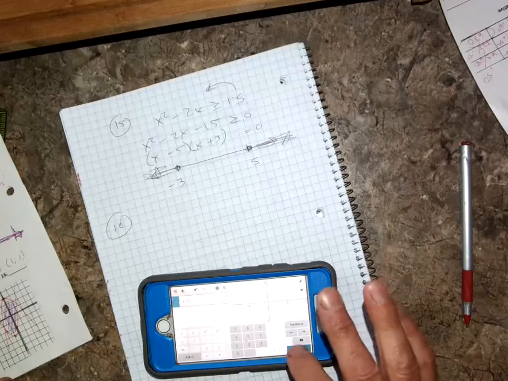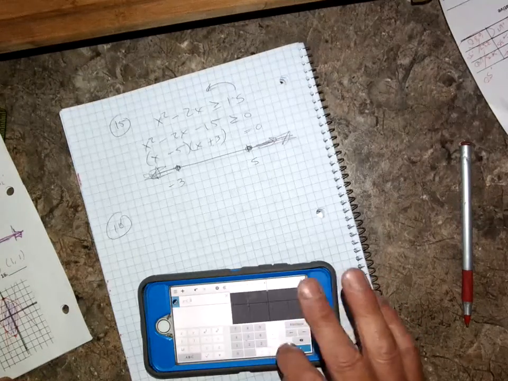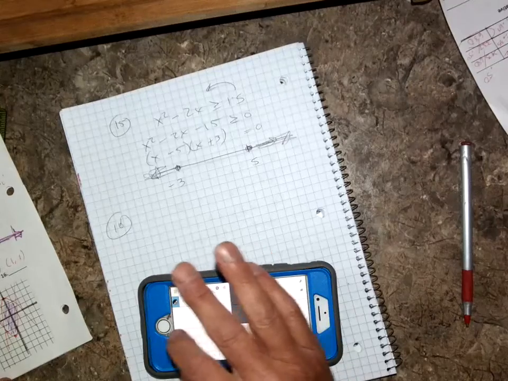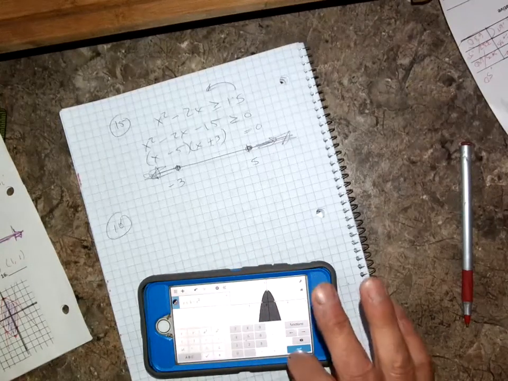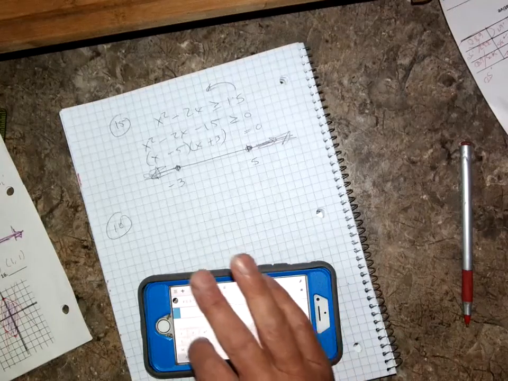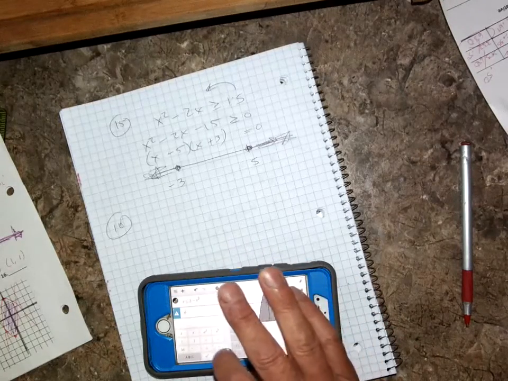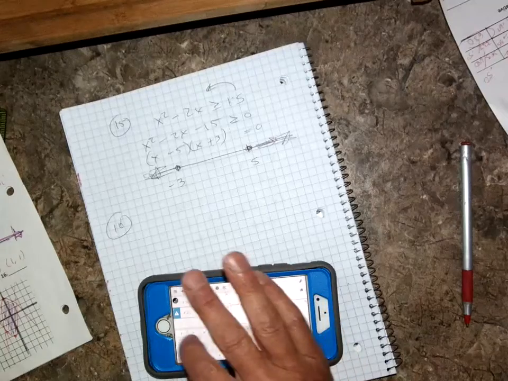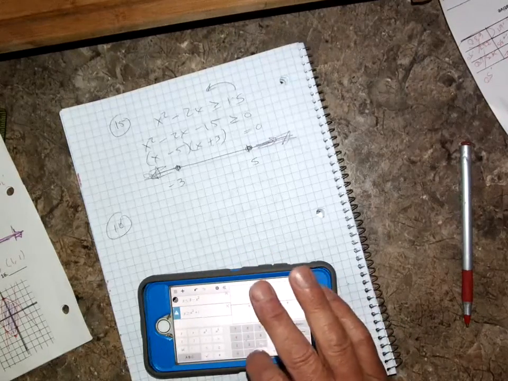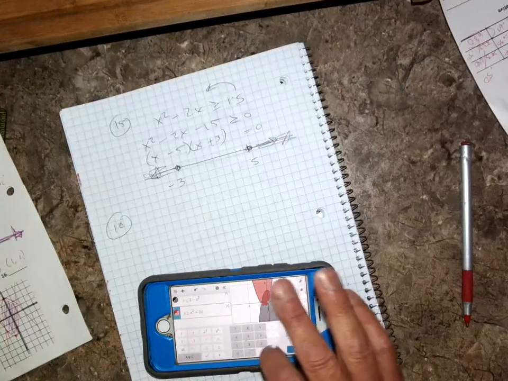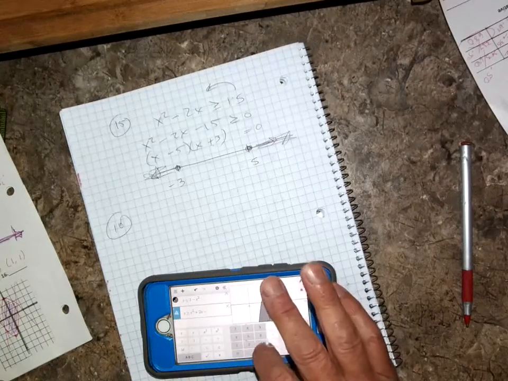Go back. 3 minus x squared. See how it shades? And the other one is y is greater than or equal to x squared plus 2x subtract 3. Okay, and there it is.